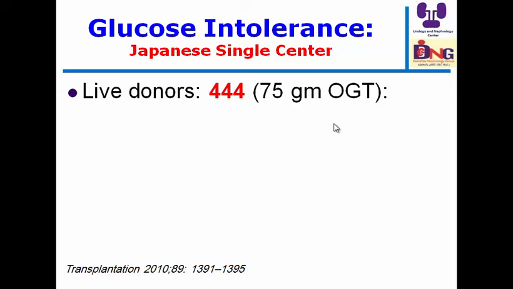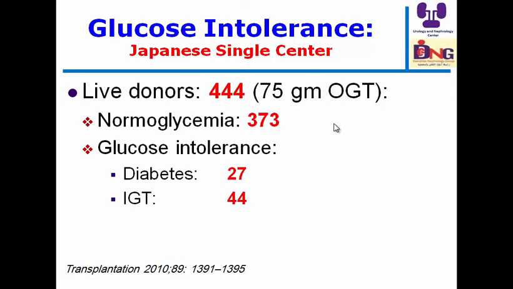All patients were subjected to an oral glucose tolerance test, and normoglycemia was documented in 373. Diabetes was diagnosed in 27 patients, and impaired glucose tolerance in 44 patients. All these were considered donors. So in this center, they accept diabetes so long as there is no complication.